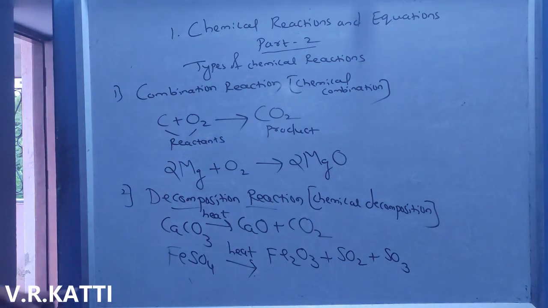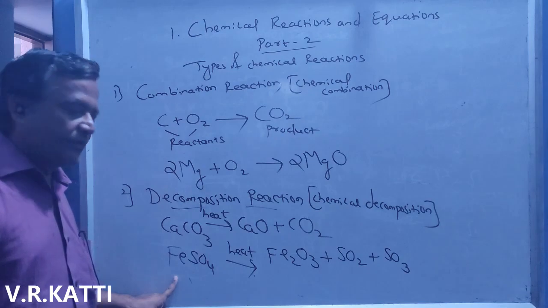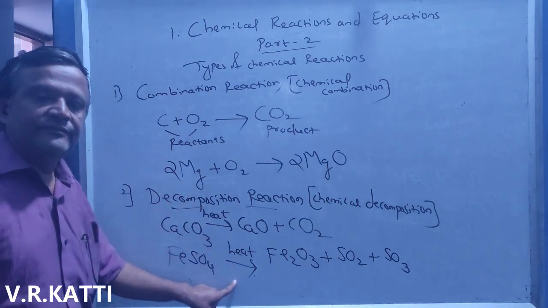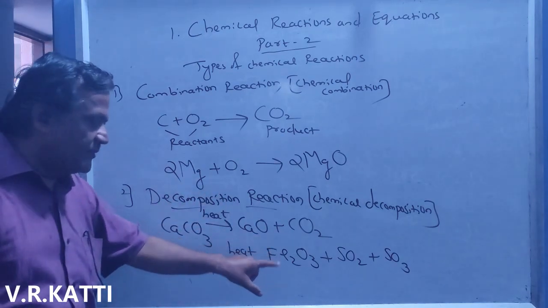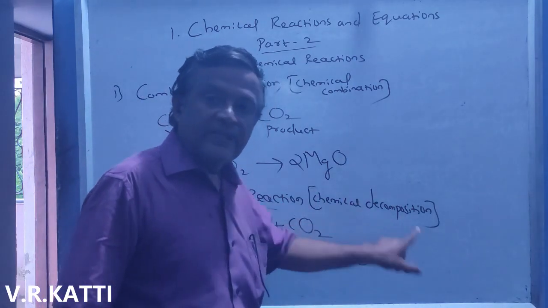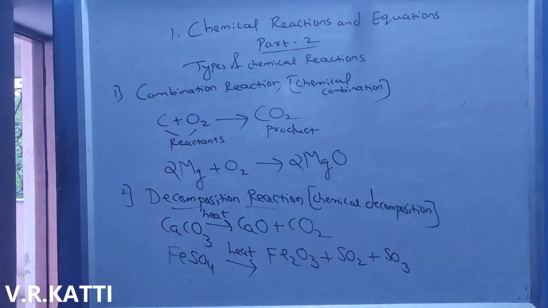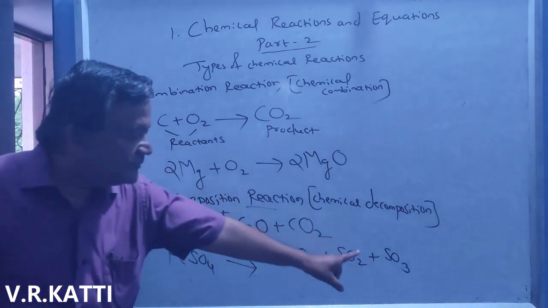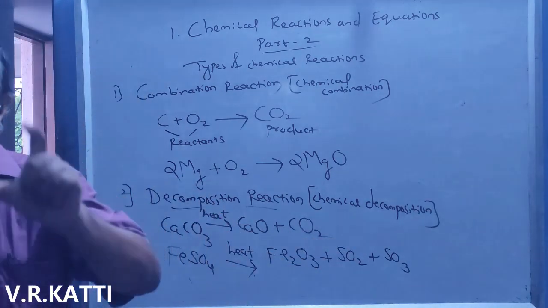Now students, here FeSO4 on heating forms Fe2O3 plus sulfur dioxide plus sulfur trioxide.